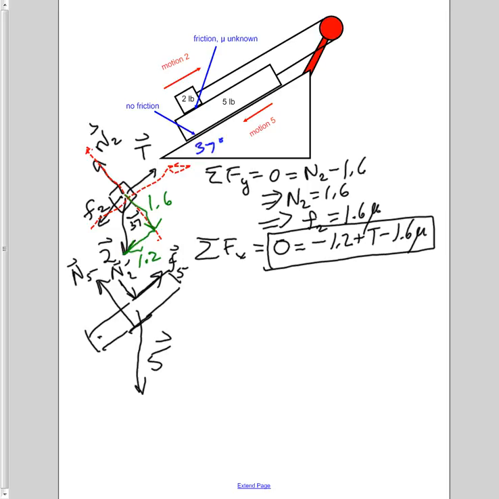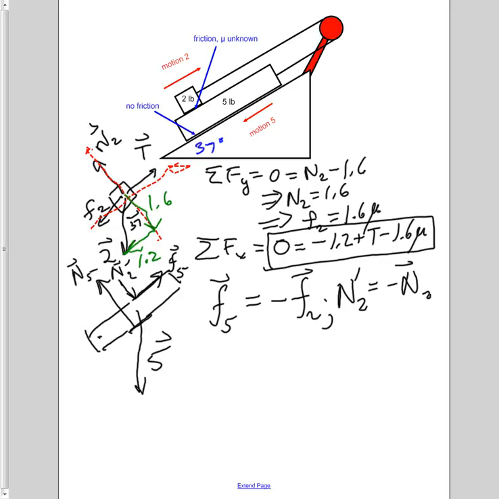This is why I wanted you to understand Newton's third law before I started doing more complicated examples, because we know what F5 is. F5 has got to be equal to minus F2, and N2 prime has got to be equal to minus N2. Why?